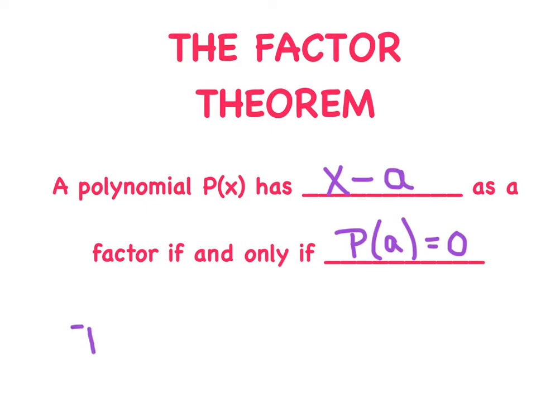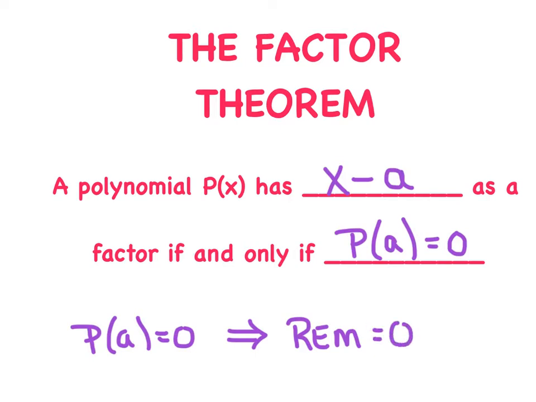We said that if p of a equals 0, then that also implies that the remainder is 0, which also implies that x minus a is a factor. So it's all coming together full circle now, and we're going to focus on this end of it, where we're just saying a polynomial has x minus a, and I could put parentheses around that if I want, as a factor if and only if p of a equals 0.